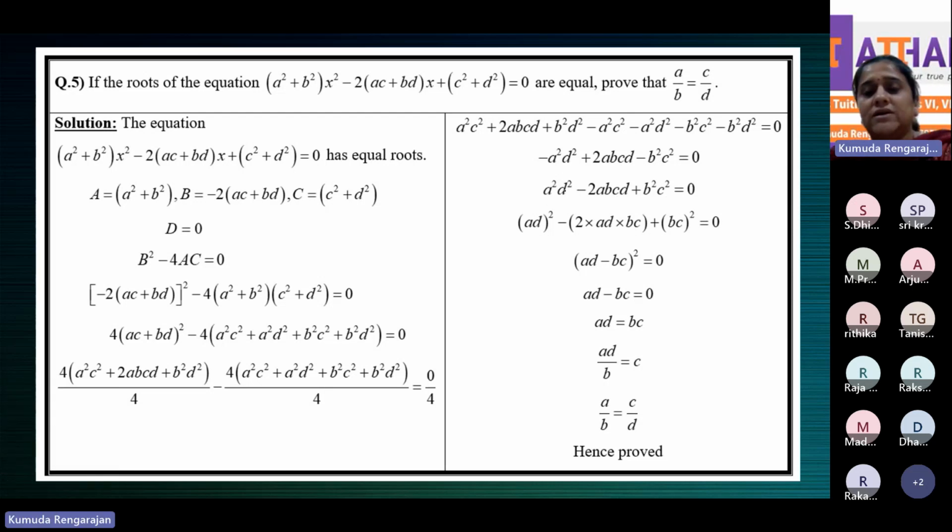Now that's nothing but this one can be written as AD the whole square, BC the whole square. So the middle term 2 into AD into BC is equal to 0.